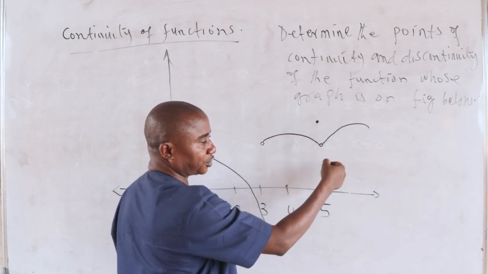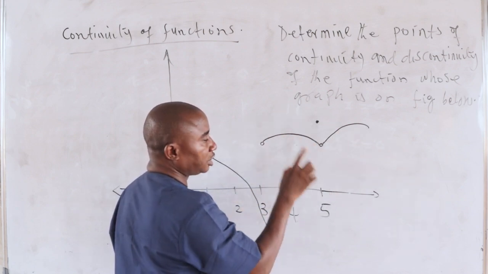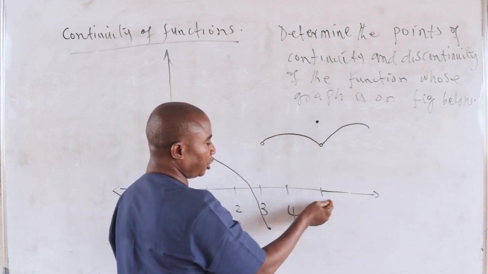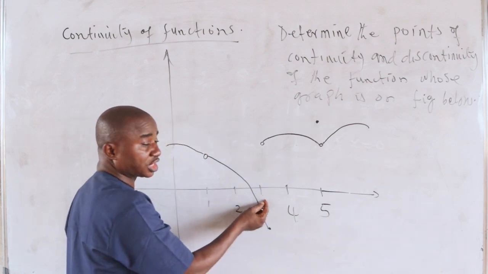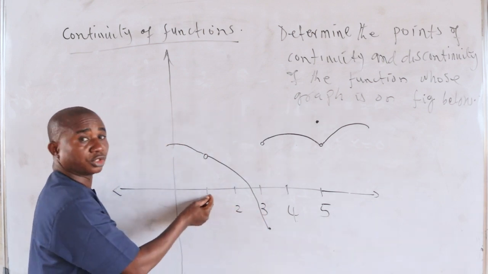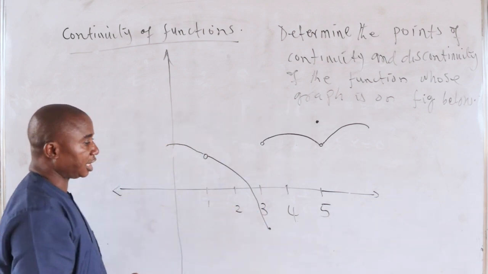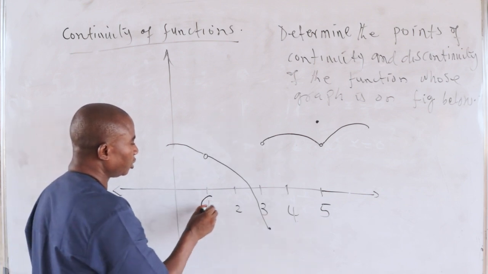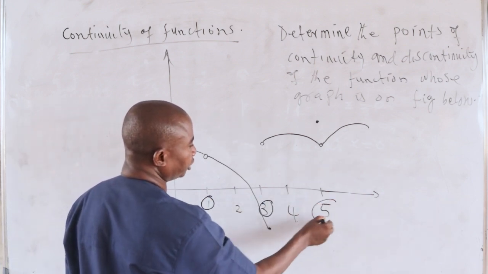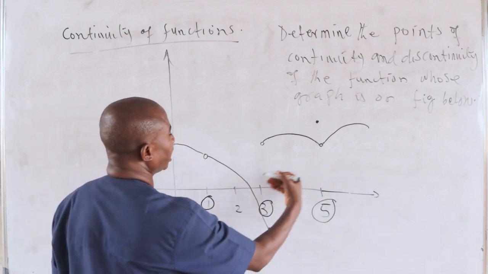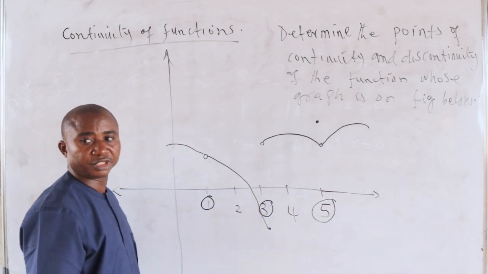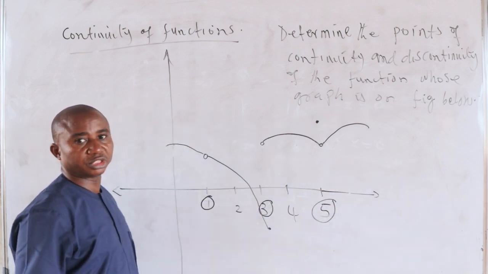That is what this graph suggests. Because of that, this function is discontinuous at the point 5, it is discontinuous at the point 3, it is also discontinuous at the point 1. So let me circle them. These are points of discontinuity. Whereas at every other element of the domain of this function, you have continuity of the function.